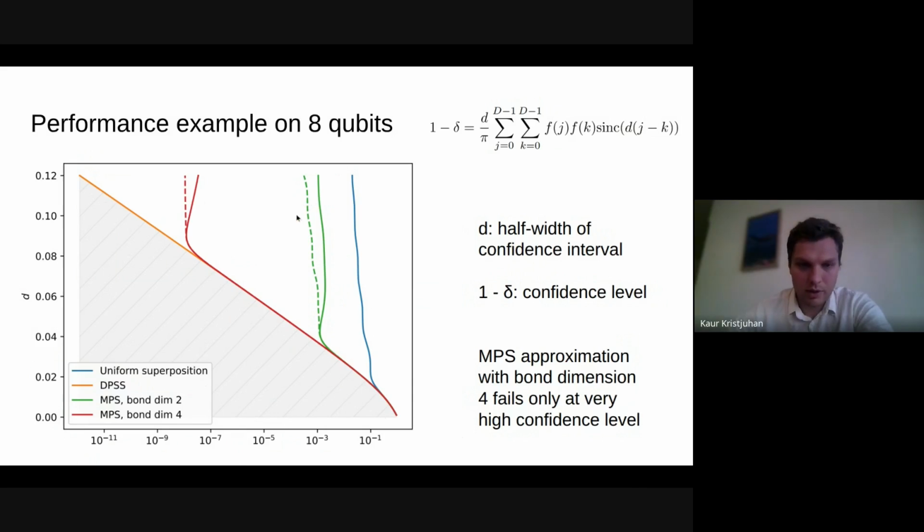What we ought to see here is that for the matrix product state of bond dimension 2, which is this green line, it's pretty much perfect up until about 10 to the minus 2.5.